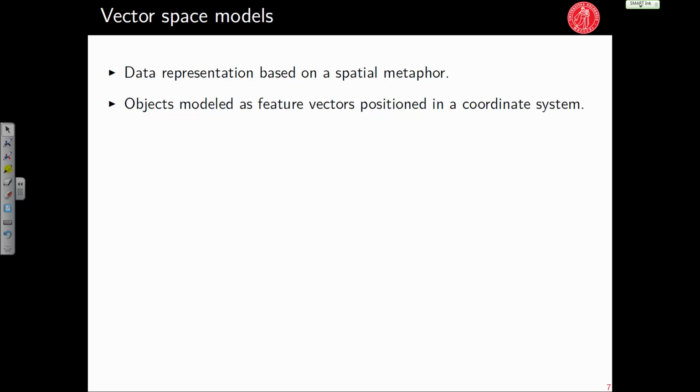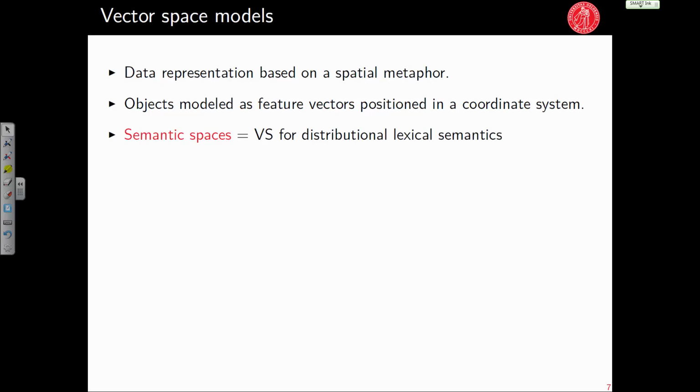So a high dimensional space where each object will be a point in this space, and in concrete terms, the vector is represented as an ordered set of numbers. Each number will correspond to the value of this object on one of the dimensions. So in a three-dimensional space, each feature vector will have three components. Each of these three components corresponds to the value on one of the three dimensions.